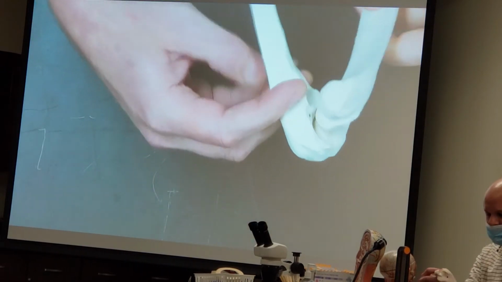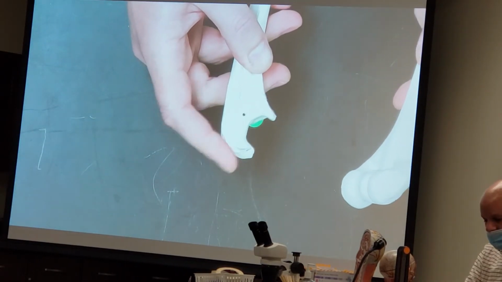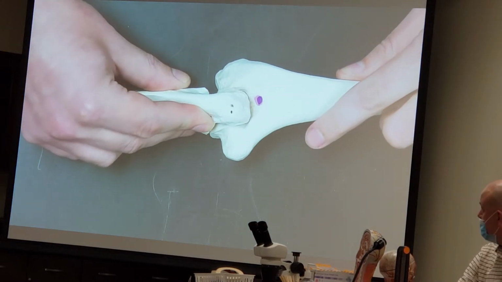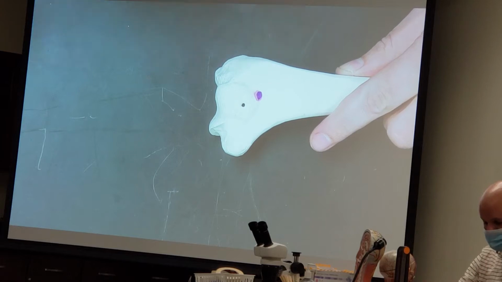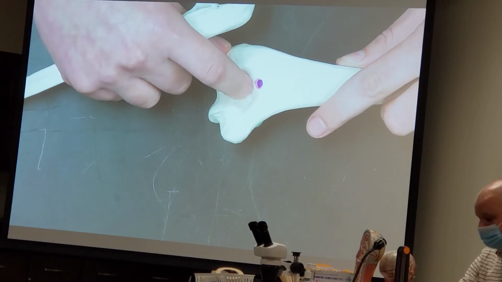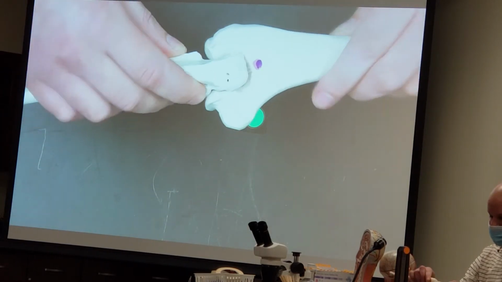And from a posterior view, you can see the olecranon process of the ulna articulating into the olecranon fossa on the posterior aspect of the distal end of the humerus. So this is the olecranon fossa here. Articulating like so.